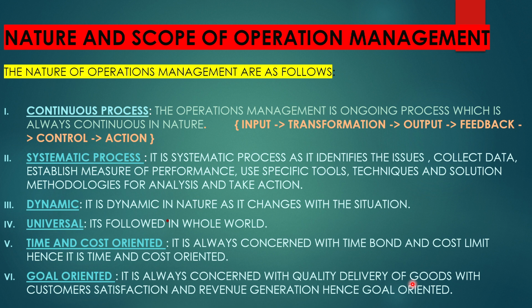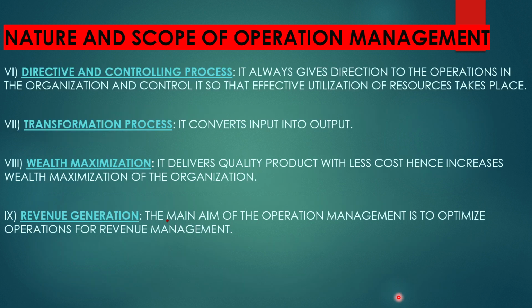So here we need to understand that any organization has an aim in mind that they can deliver the goods with customer satisfaction, and they can generate more and more revenue. Hence it is goal oriented by nature.